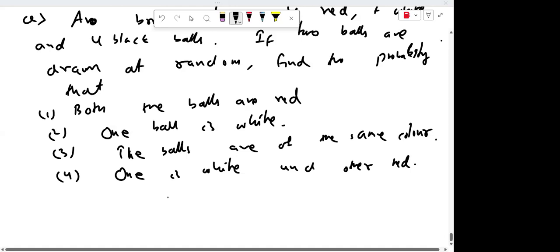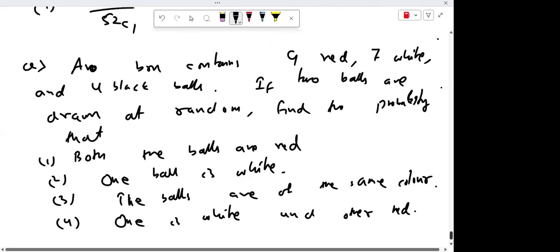So for the second one, do I add 4C2 by something, or 2C2? Two balls are drawn at random. Whenever it says one ball is white, remember this, that means either the first ball can be white or the second ball can be white, and the remaining ball can be of any color.